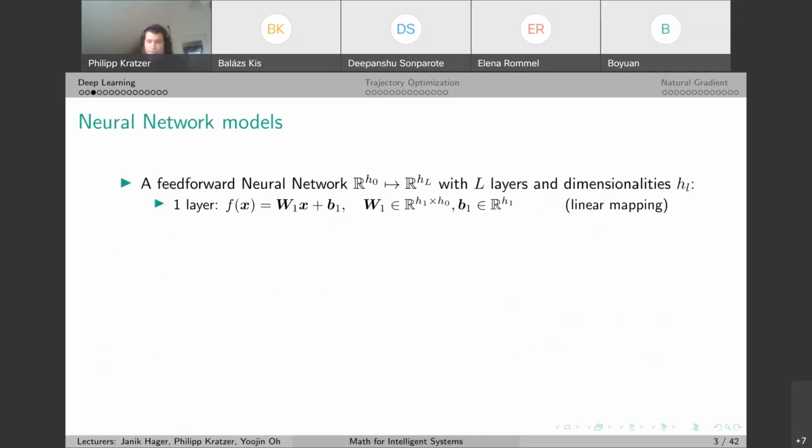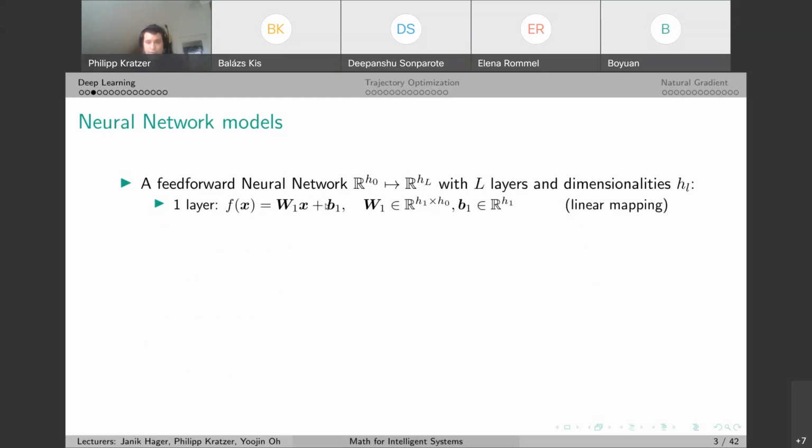A feed-forward neural network, also called a fully connected neural network, is just a very basic equation. We have a matrix W, we have x, which is our input, and we have the bias vector b.